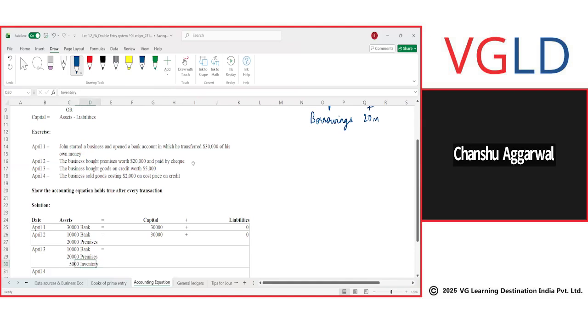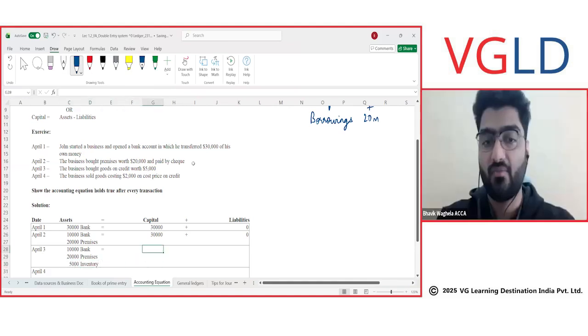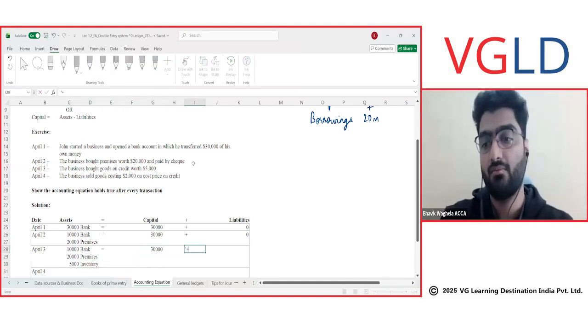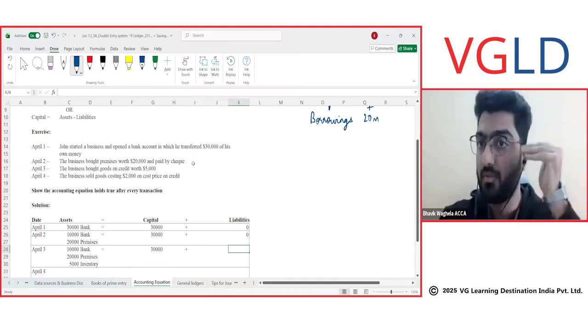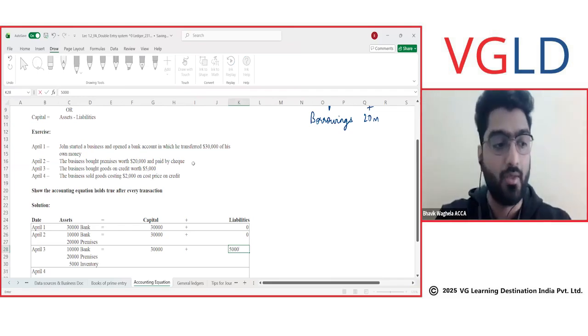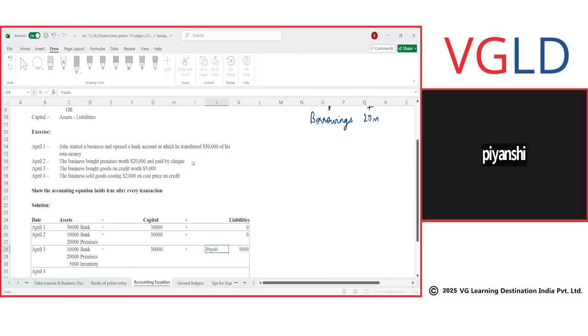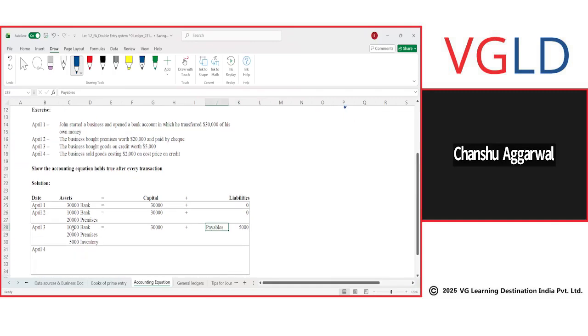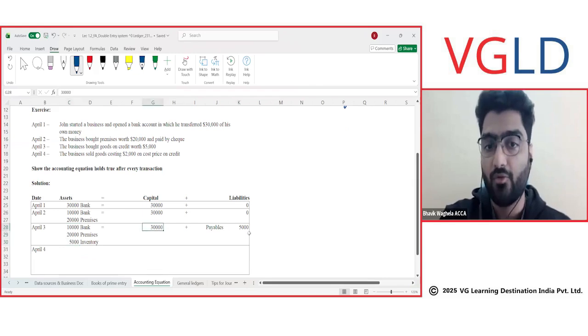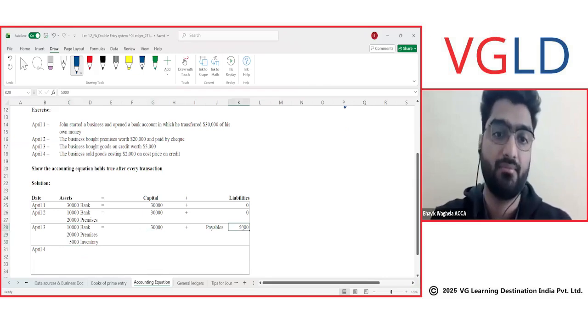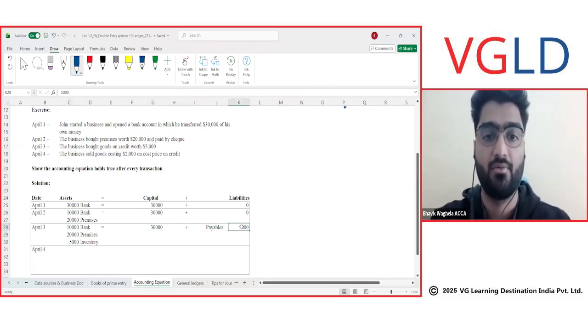Yes, sir. Will this transaction have any impact on your capital? No. But can I say my liabilities amount will increase by 5,000 because of the payable? Yes, sir. So again, can I say the total of these three is 35,000, which is equal to 30,000 plus 5,000? Everyone understood?